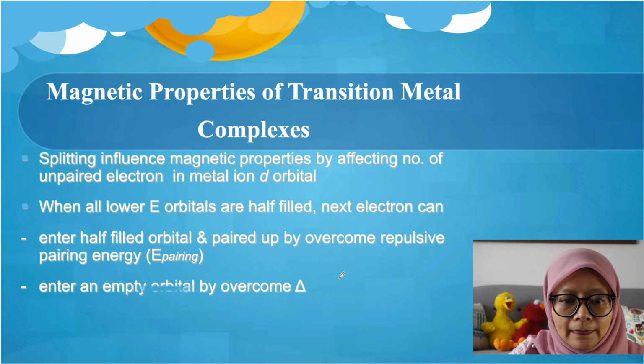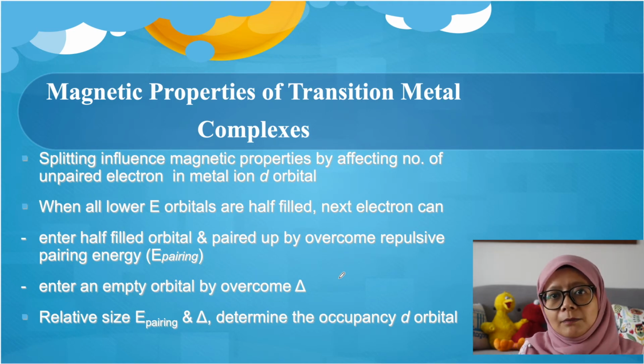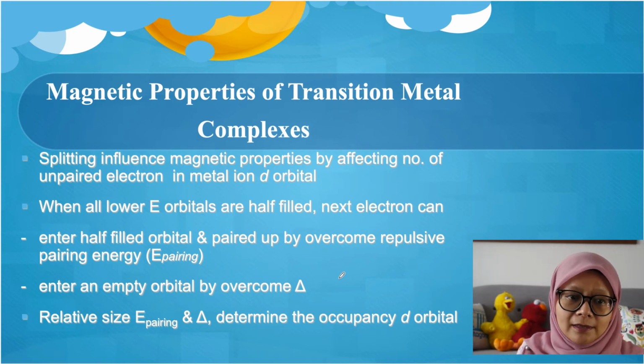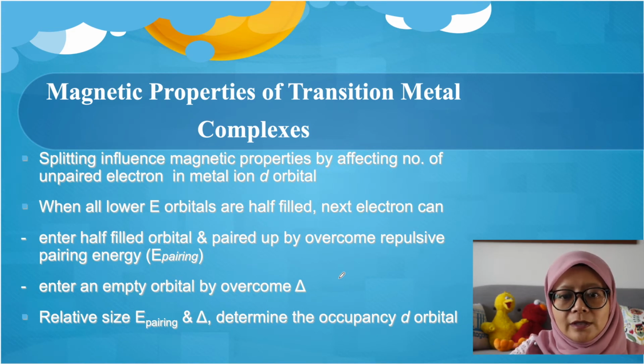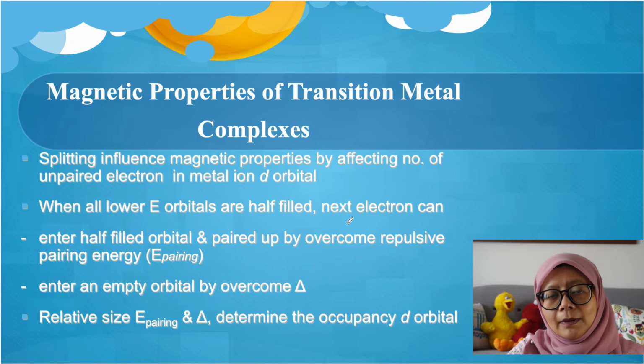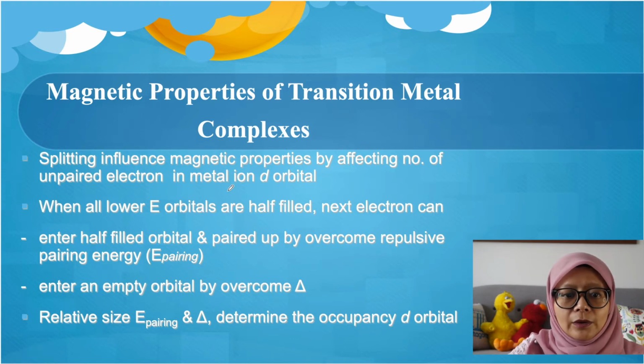Okay, right. So other than that, the magnetic properties of the transition metal complexes: this splitting influences magnetic properties by affecting the number of unpaired electrons in the metal ion d orbitals. When all lower energy orbitals are half filled, for the next electron we have two situations.